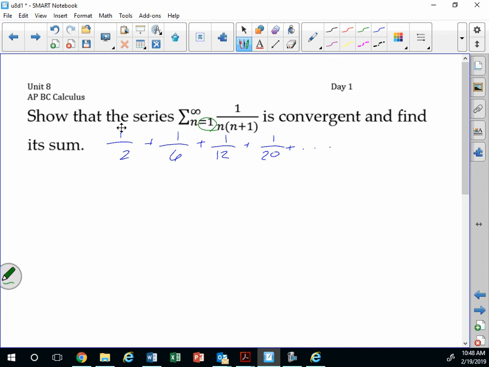They're definitely getting smaller, so it's probably going to converge, but that's not helping me in terms of saying that it's convergent. I can see that the numbers are getting smaller, but it's not helpful in terms of finding the sum. So I gave the hint of partial fractions.